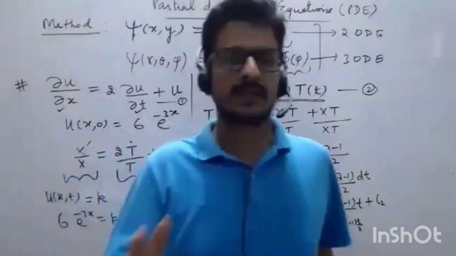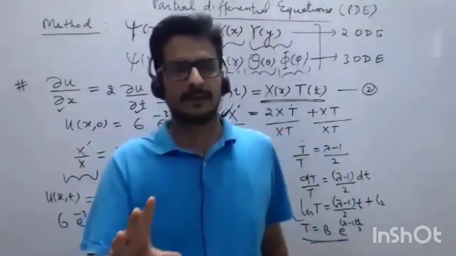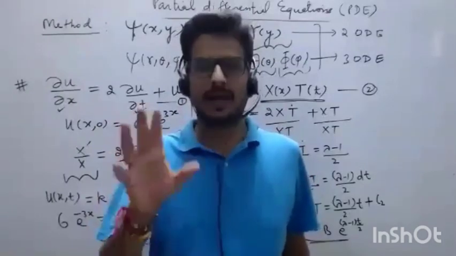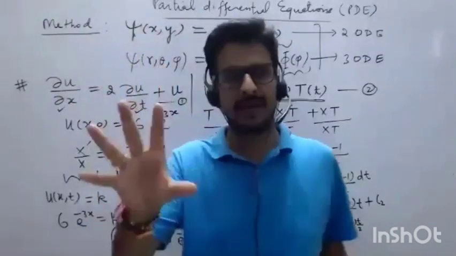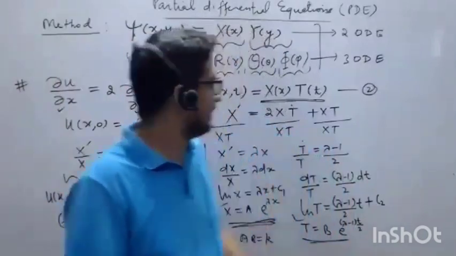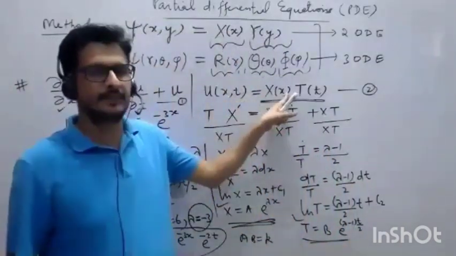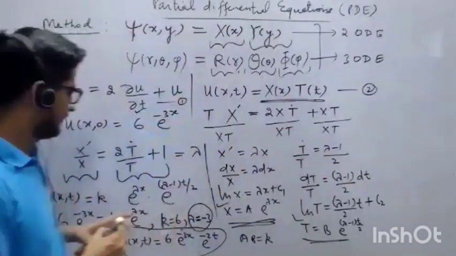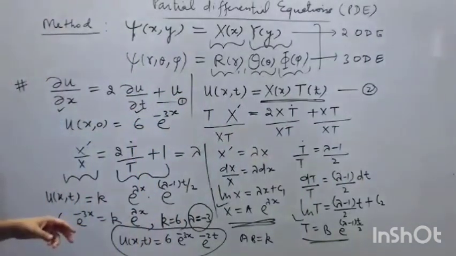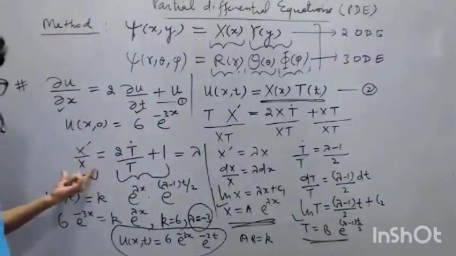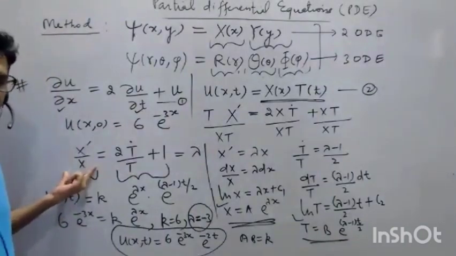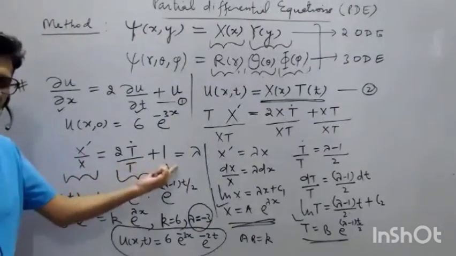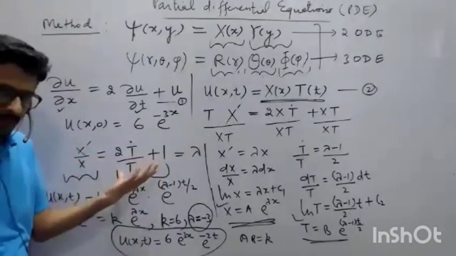Partial differential equation means more than two independent variables, and then you have to write that dependent variable as multiplication of independent variables like this, substitute back into the equation, and then I gave you a mathematical argument that because this is only a function of x and this is only a function of t, the constant can also be considered here or here, that is not a problem.